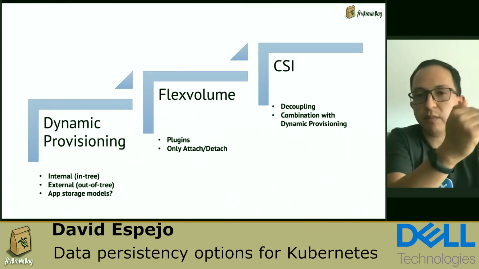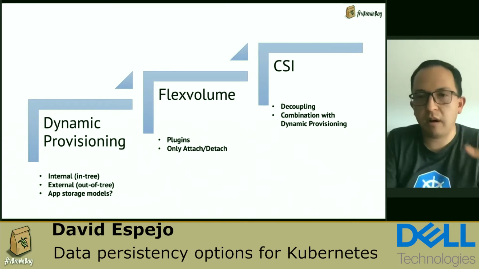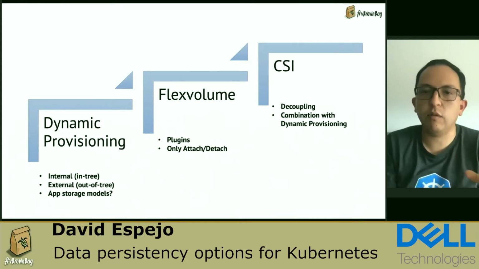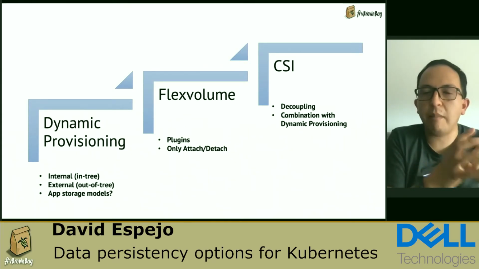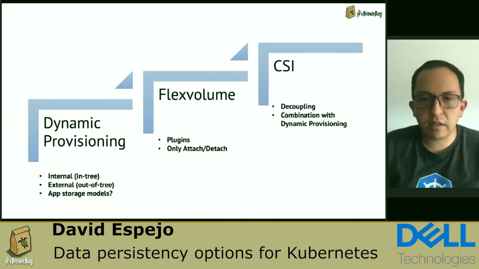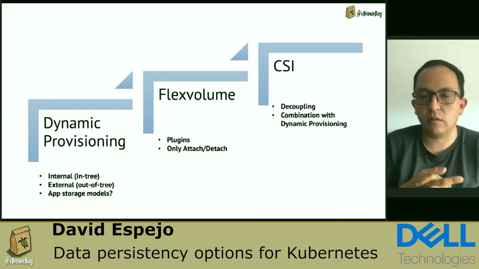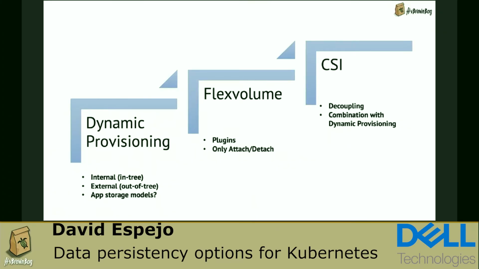It's a way to specify these are the requirements or the features I need in this specific type of storage for this specific type of application. You can have several storage classes, as you can have several storage policies or profiles in vSphere. So storage classes are a declarative way of defining requirements for storage.